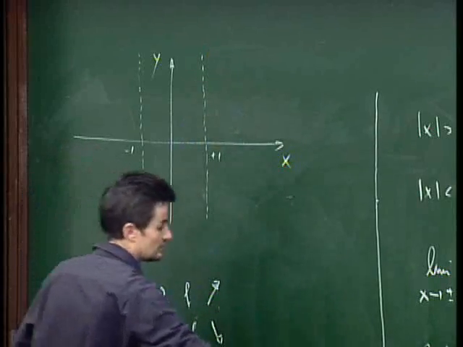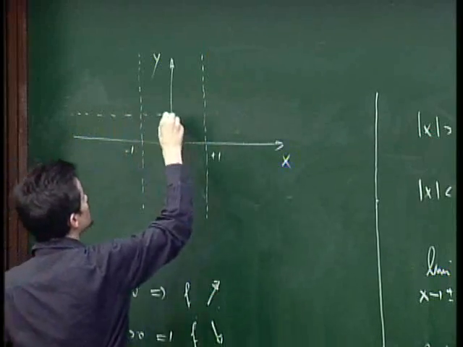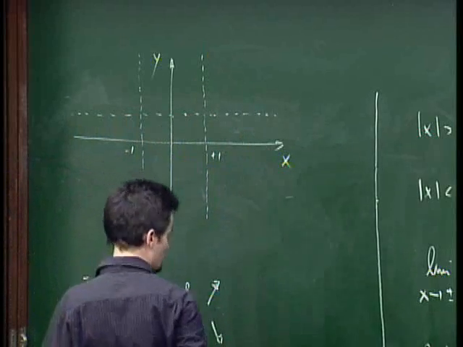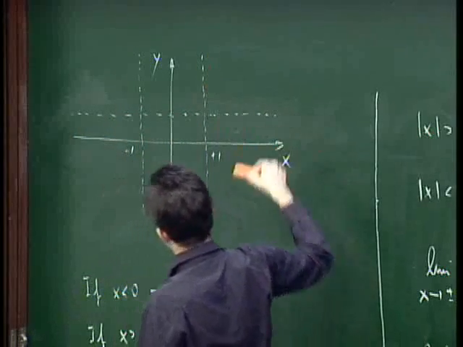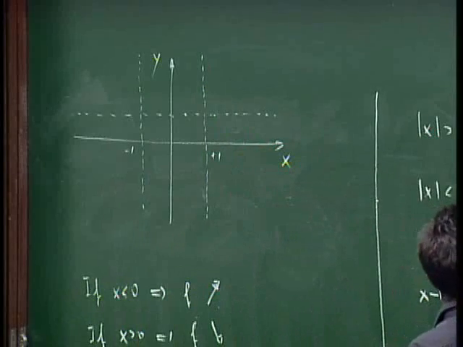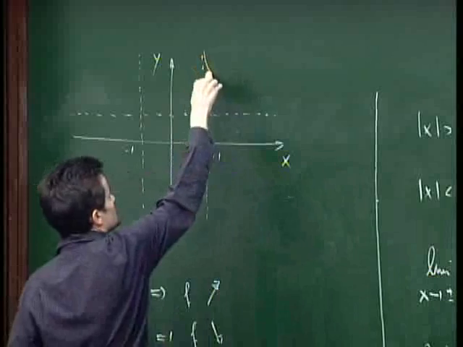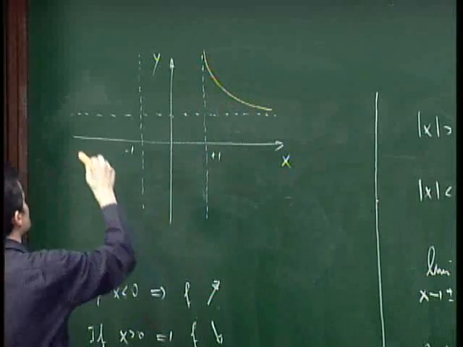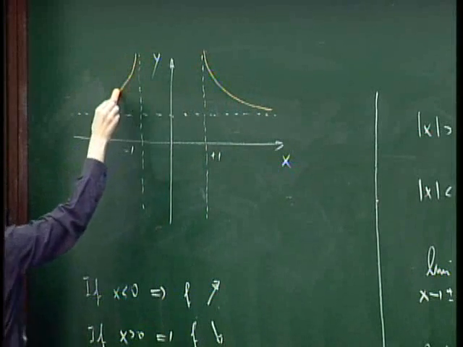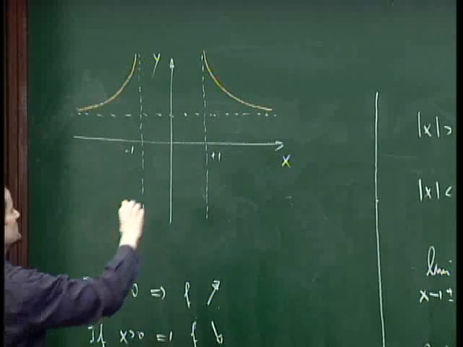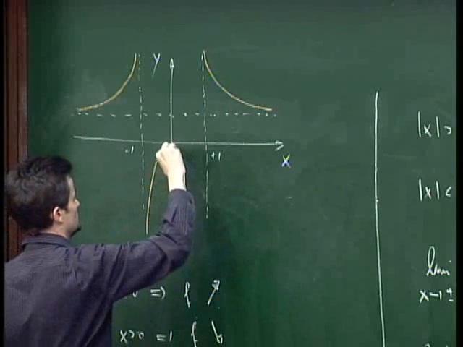We have here the horizontal asymptote. Moreover, we know there is no inflection point here, and the function is concave upward. So it will look like this here, and here it will look like this as well. And here we have this behavior.